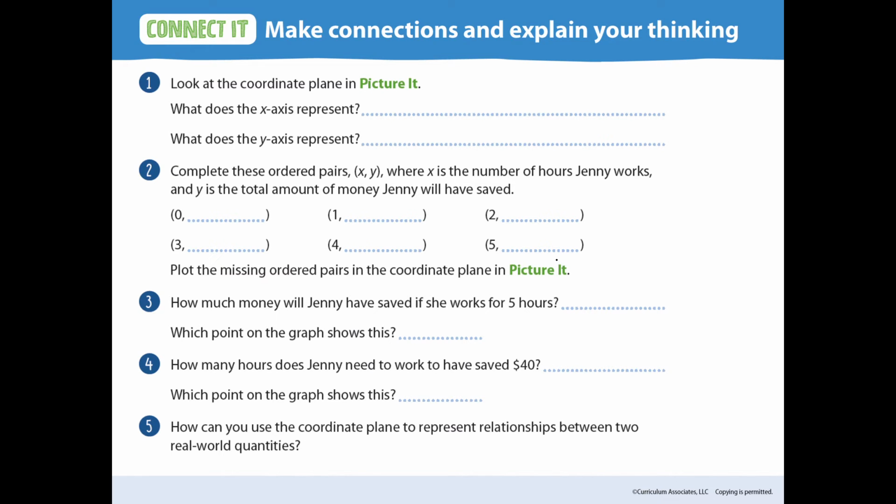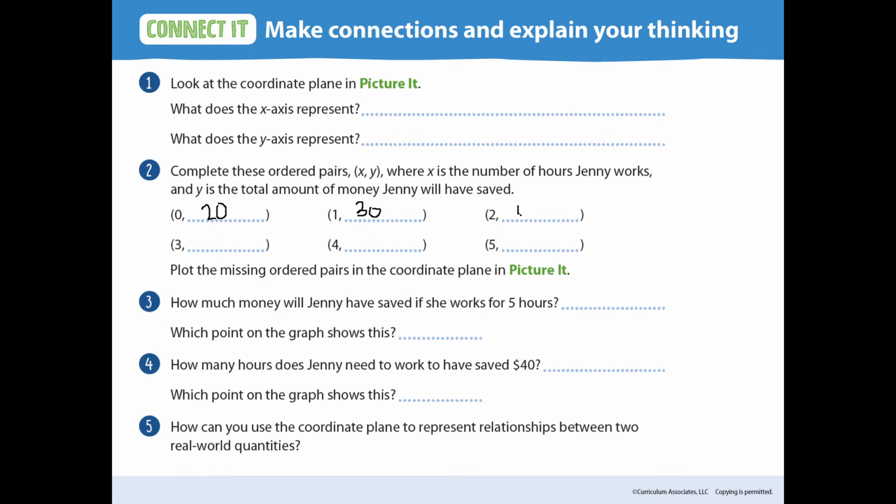Number 2. Complete these ordered pairs x, y, where x is the number of hours Jenny works and y is the total amount of money Jenny will have saved. So she already has $20 in the bank. So for 0 hours, she'll have $20. For 1 hour, 30.